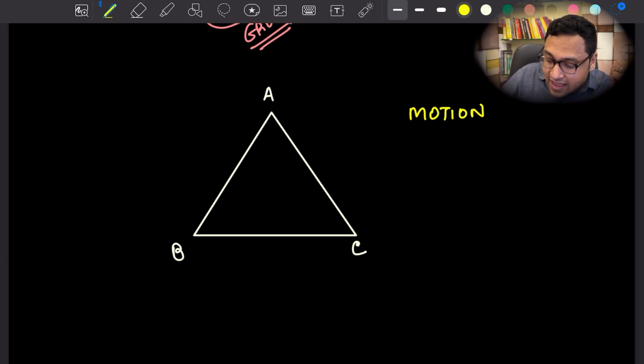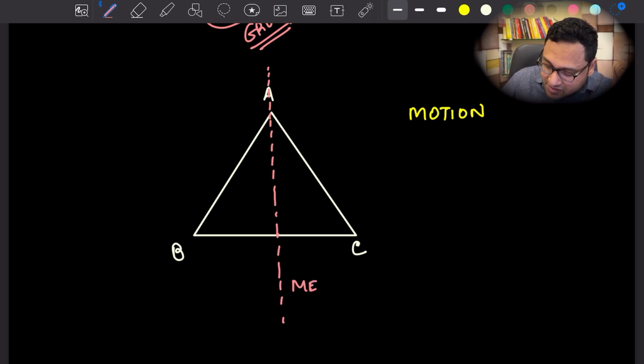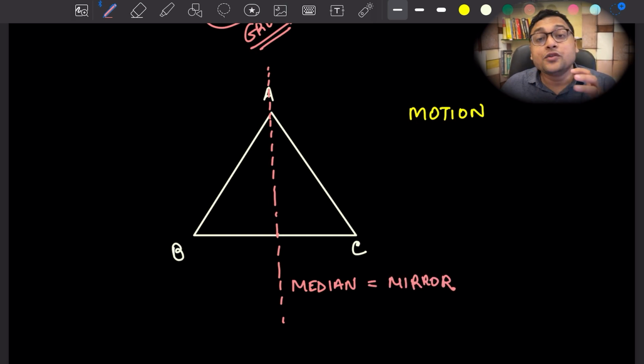So I'll give you an example of a symmetry. Why don't you take the reflection about the median? So think of this median as the mirror and you reflect the equilateral triangle about this median.